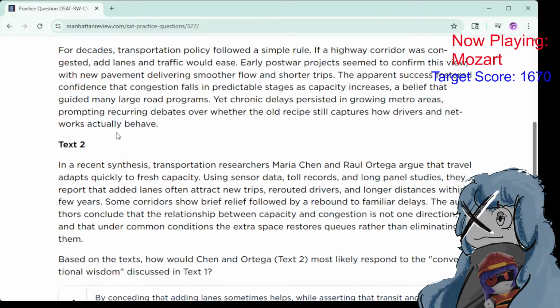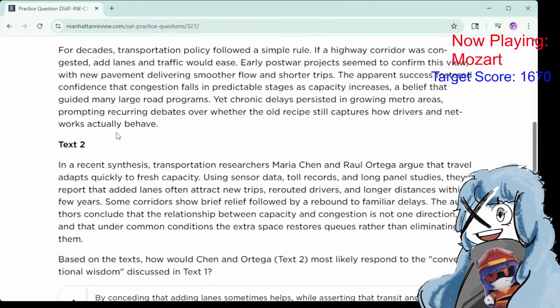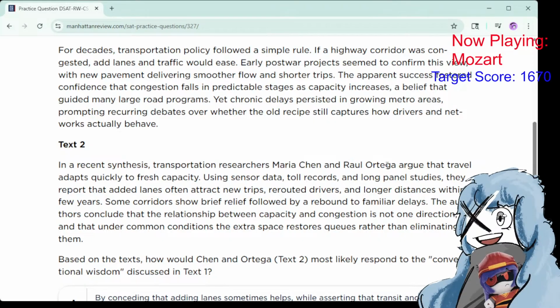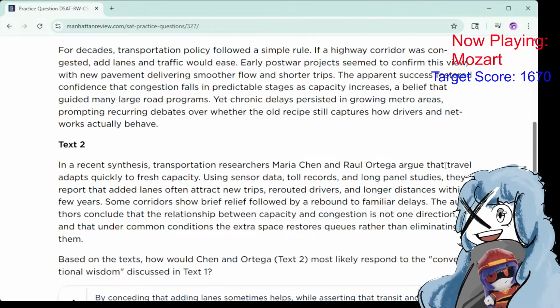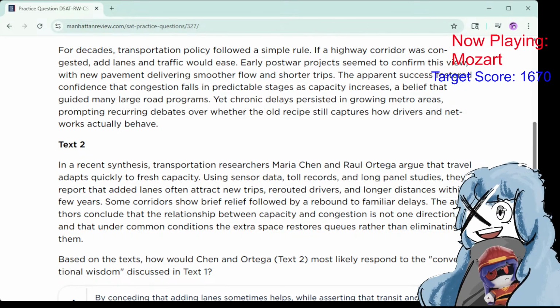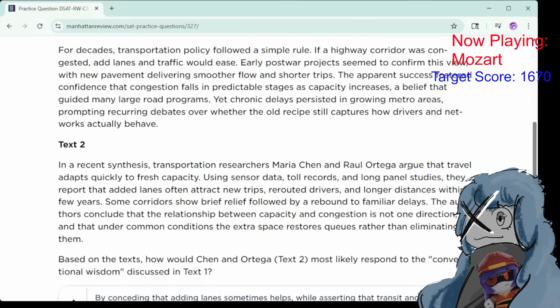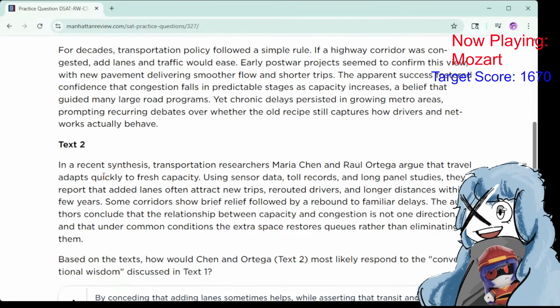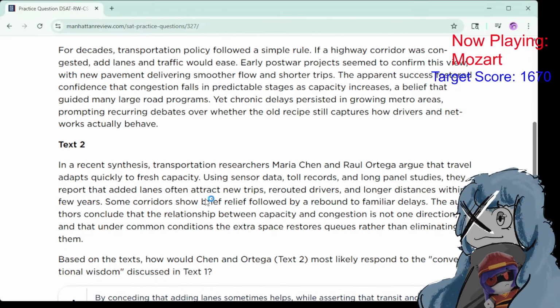In a recent synthesis, transportation researchers Maria Chen and Mateo Ortega argue that travel adapts quickly to fresh capacity.